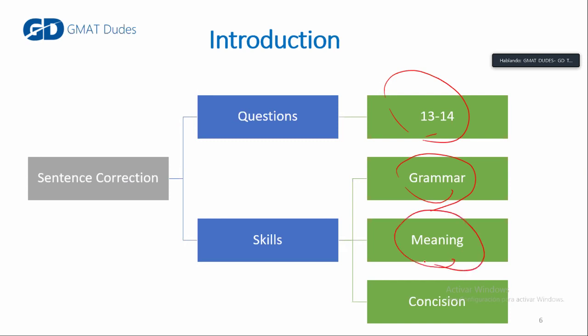Sentence correction also evaluates meaning. What do I mean by meaning? It evaluates if you're able to recognize clear messages from confusing messages. And finally, concision. A sentence correction exercise requires you to apply the principle of concision, which means to present a message using only the necessary number of words, no more, no less.